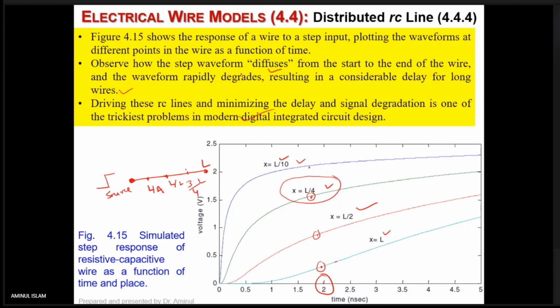Observe how this step waveform diffuses from start to the end. You are inducing this step here, and it is getting diffused to the end of the wire, and it's taking time. If you held this signal high for a long time, possibly here also it will rise closer to VDD or the max value, but it will take a long time. Circuit speed will be low.